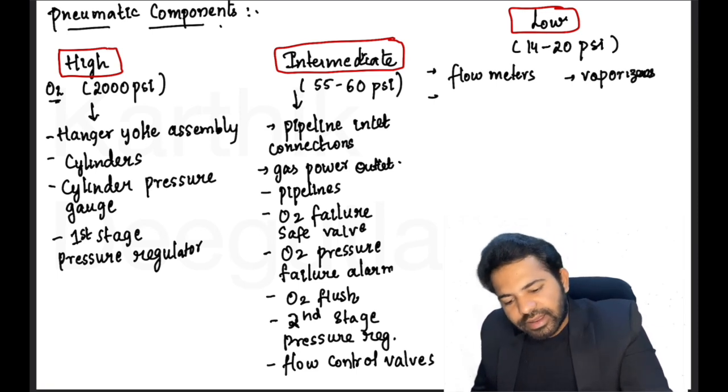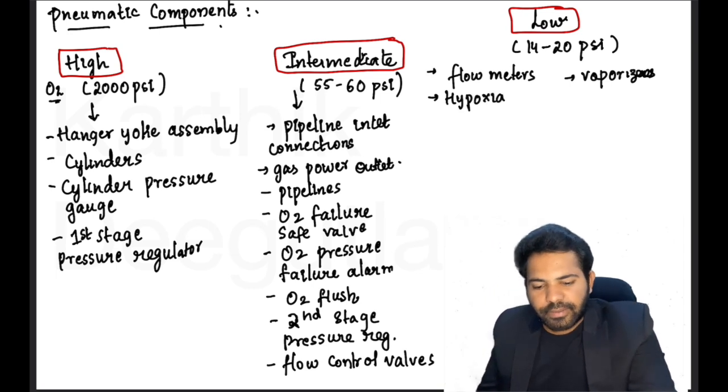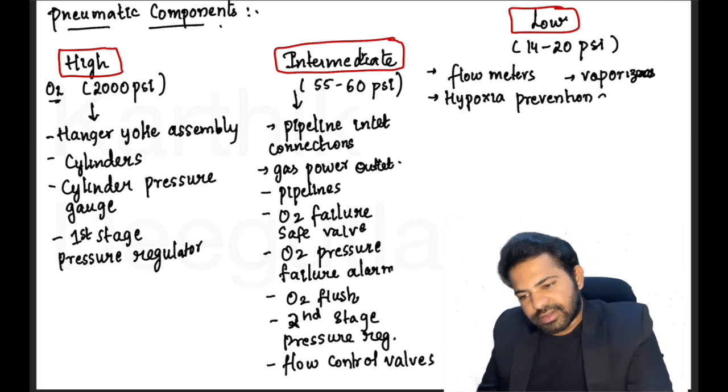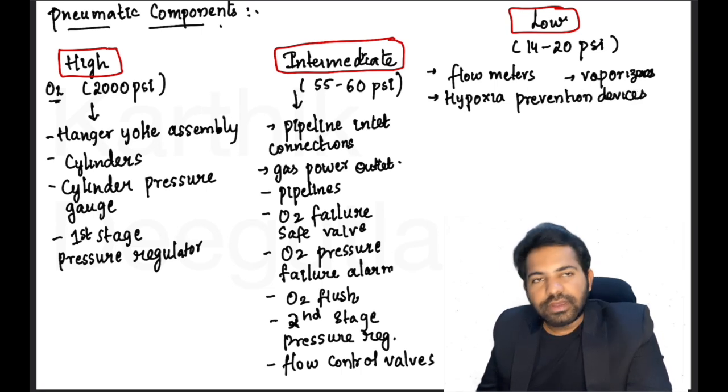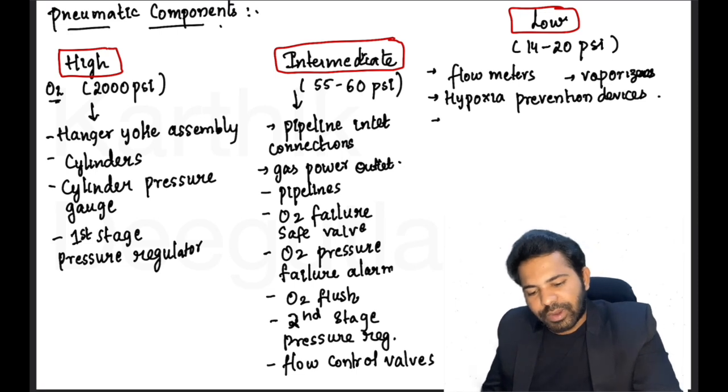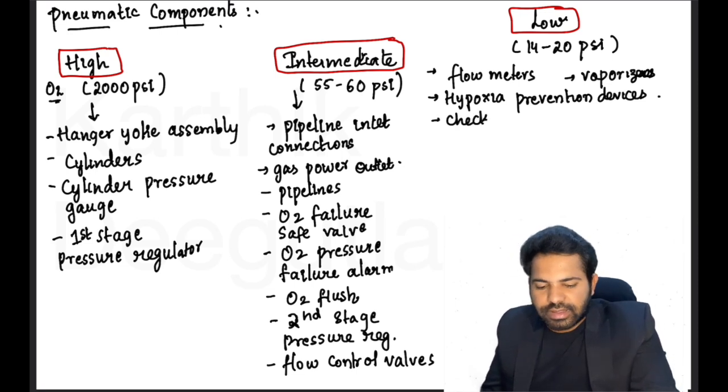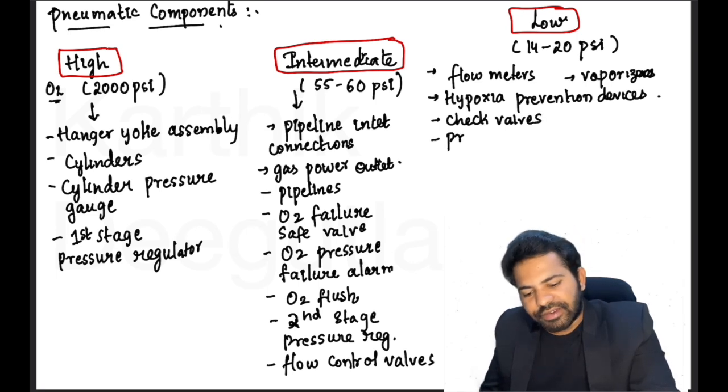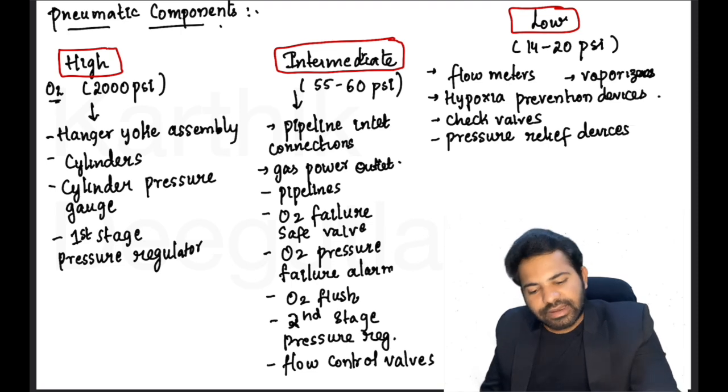Then there are hypoxia prevention devices. Then there are unidirectional check valves. Then there are pressure relief devices. Then there is a common gas outlet, CGO.